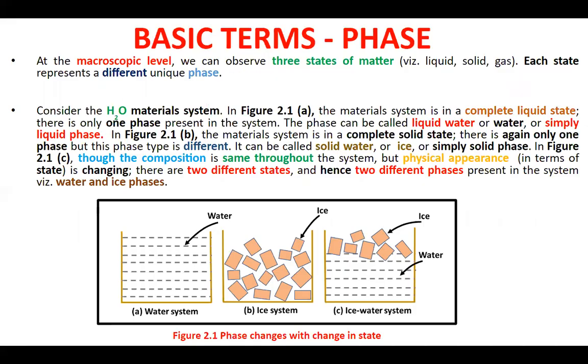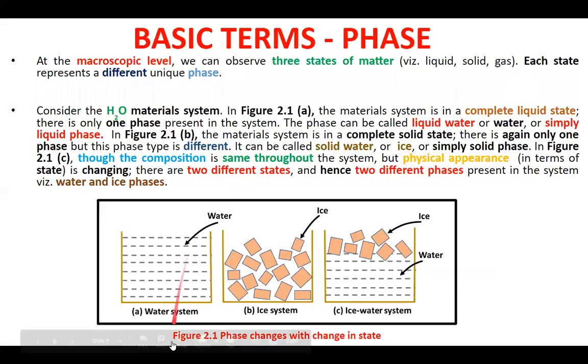But now if the same material system, because of changes in temperature and pressure, gets into the gaseous state, the phase might be only one, but definitely the phase has changed. First, when it was in the liquid state, the phase is something else. But now when the material system has come into the gaseous state, the phase has changed. So each state of matter represents a different distinguishable phase.